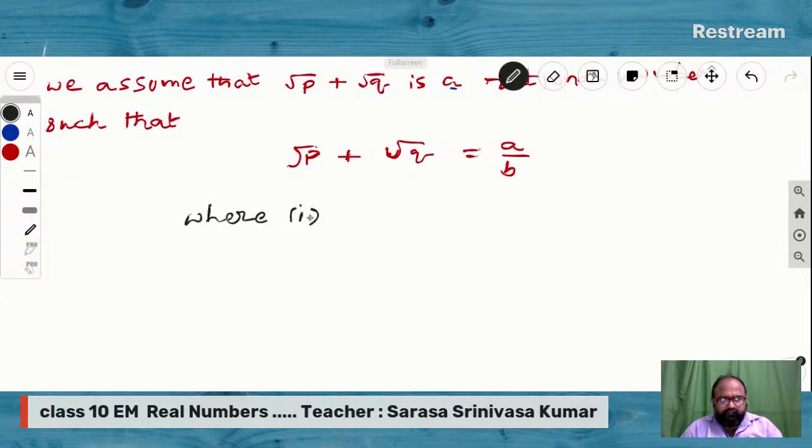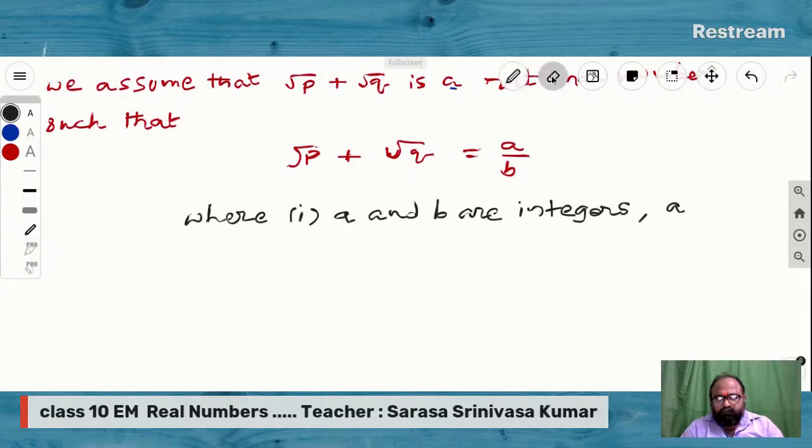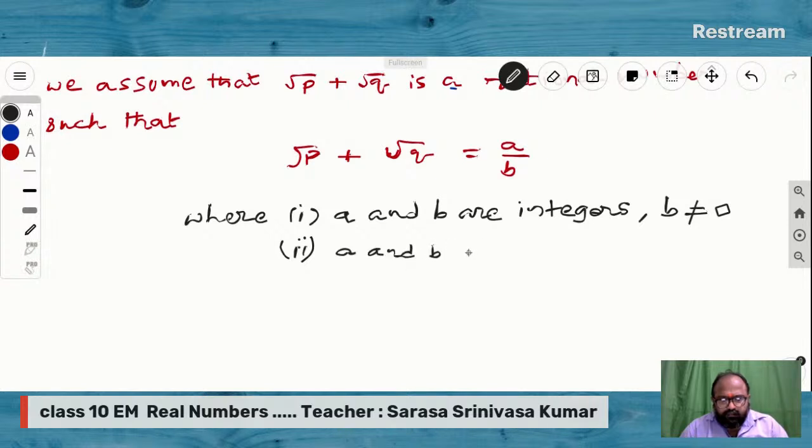The first condition is a and b are integers, b not equal to 0. Now the second condition is a and b are co-primes.